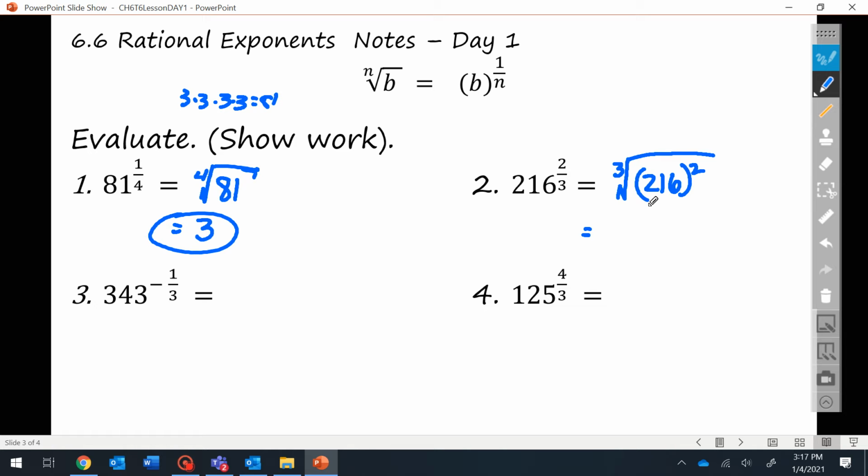We're looking for something that multiplies together 3 times. 216 can be broken down into 12 times 18. Does that help us at all? No, I don't think so. Well, let's just see what we can do. We do have calculators here, so that might help. 216 squared is 46,656. Let's see if we can find the cubed root of that.